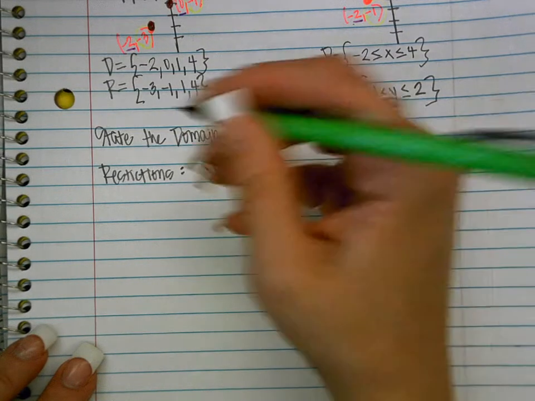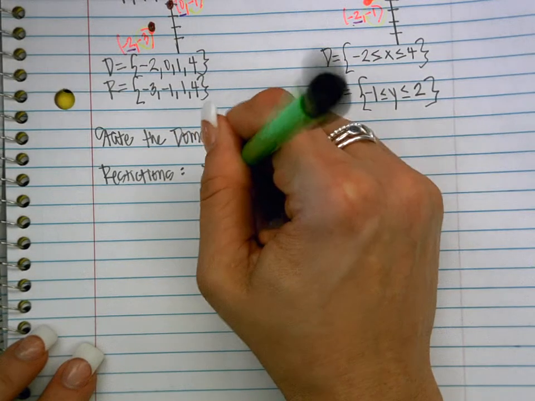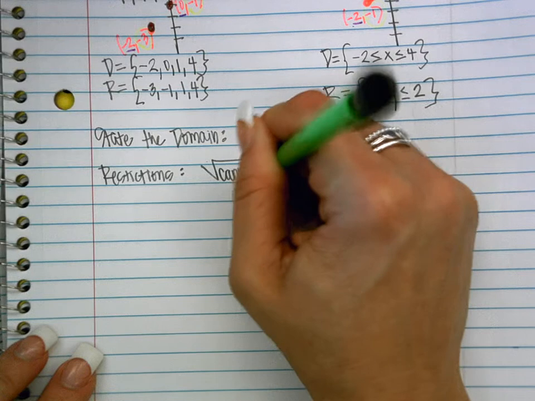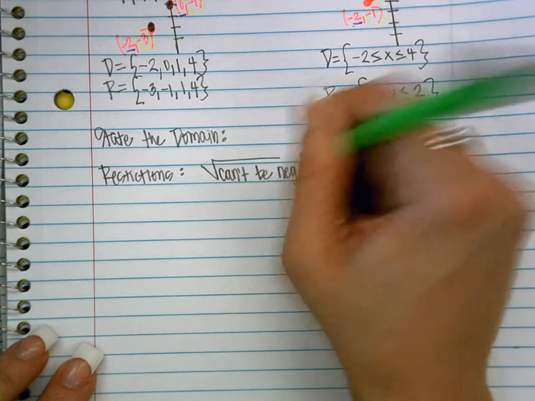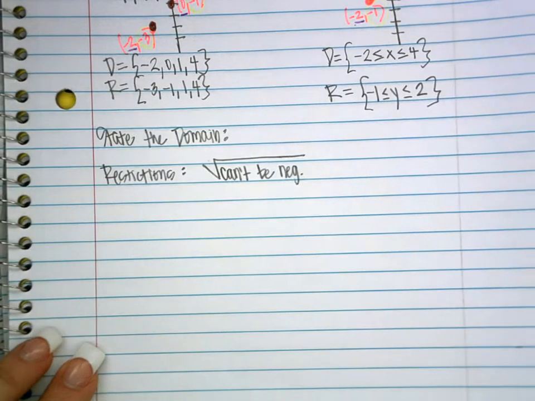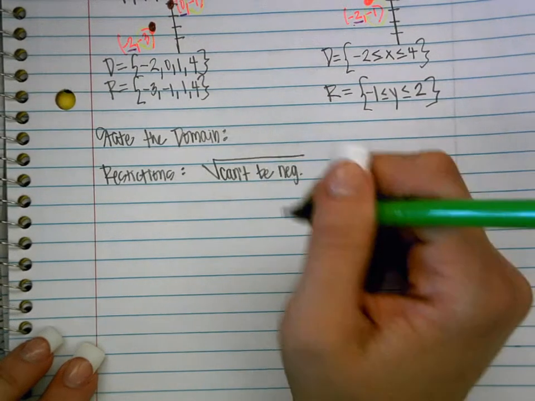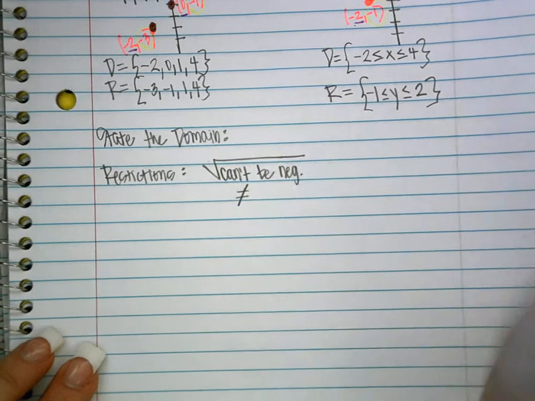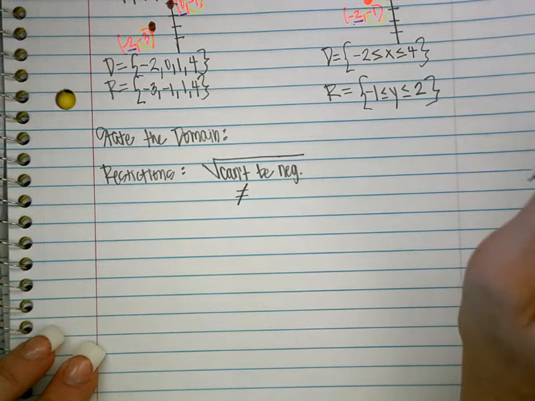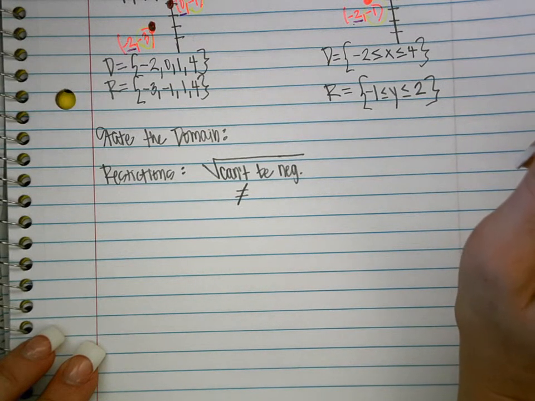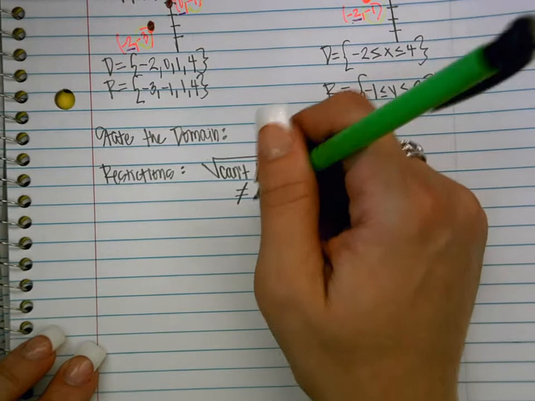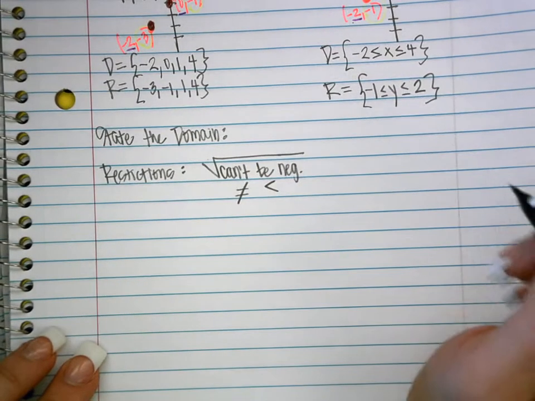Cannot be negative, right? So if it can't be negative, how do you write that as an equation? What numbers are negative? All negative numbers. So how do you define a negative number? It's something that cannot be less than what value? 0.